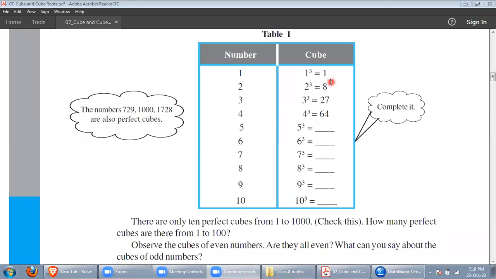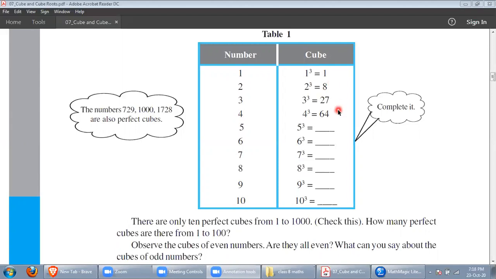So cube root of 27 will be 3 only, not minus 3. But cube root of minus 27 will be minus 3, and not plus 3. So there exist cube roots for negative numbers.